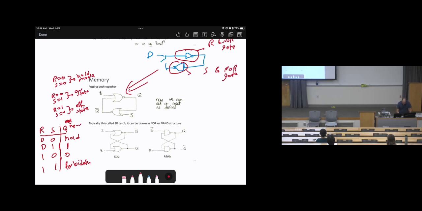Since S will make store 1 and R will store 0, S we will call it set, R we will call it reset. S from set, R from reset. Therefore, the push button set will store the bit 1, and the push button R will store the bit 0.